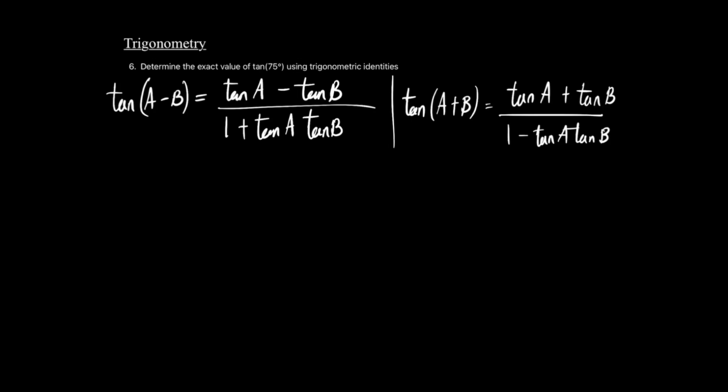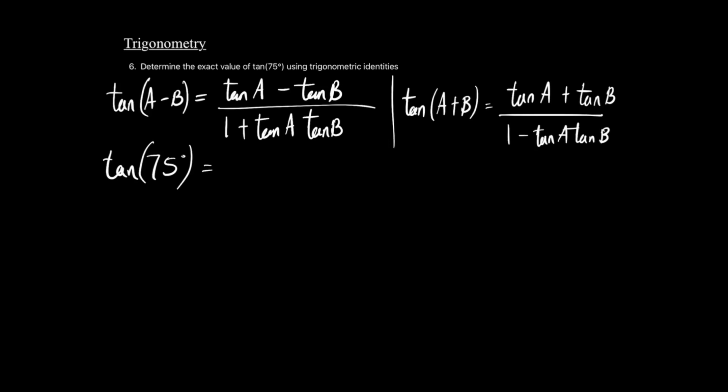Now, we are asked to solve for tan 75 degrees. A and B are angles, so that when you add or subtract, you will get 75 degrees. I would like to use this one, and my two angles would be 30 degrees and 45 degrees.